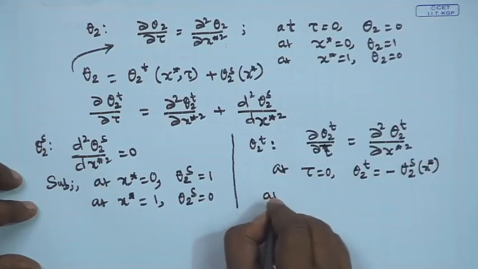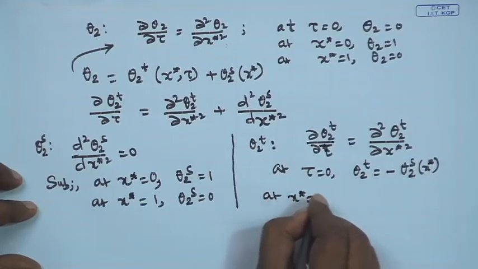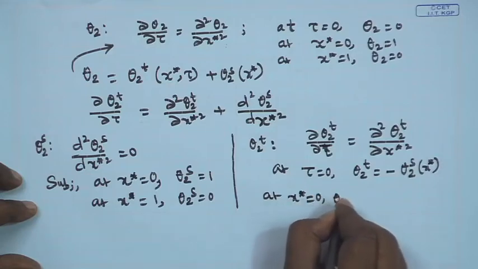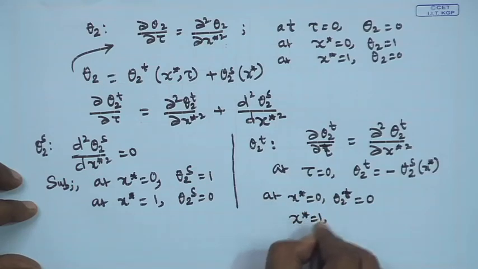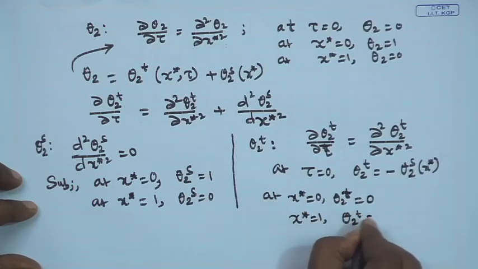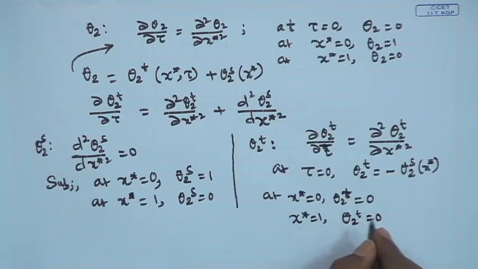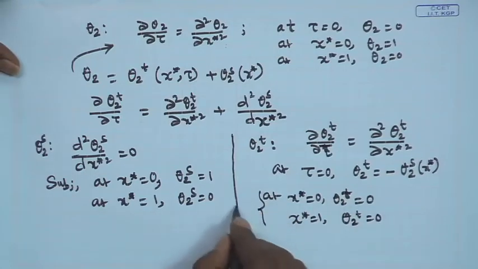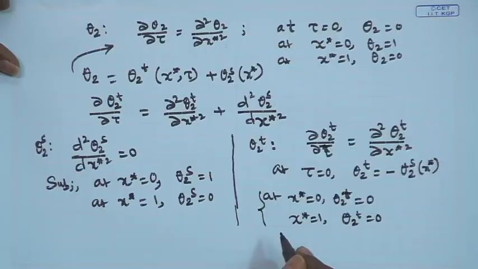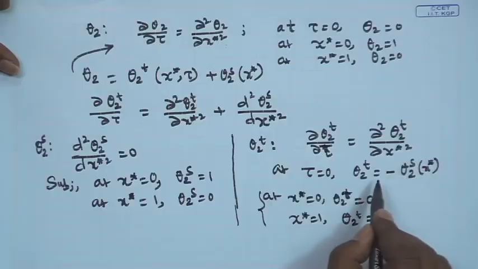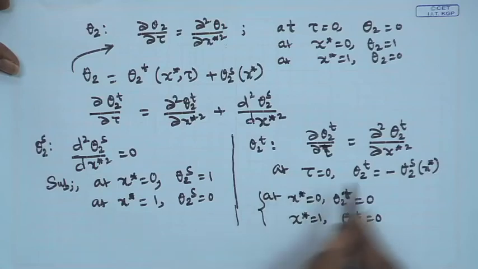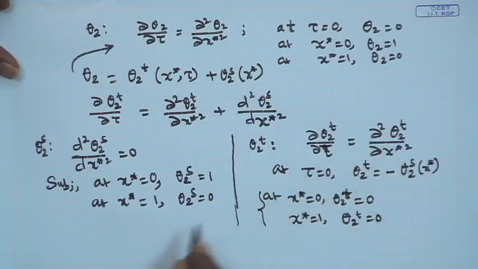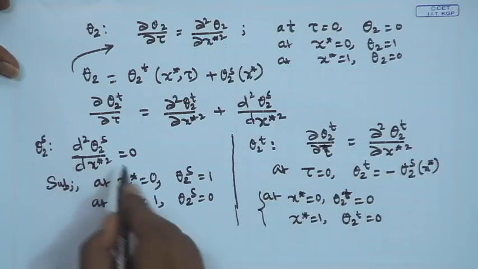At x star equal to 0, my theta 2 t is equal to 0, because I have selected that, and at x star is equal to 1, theta 2 t is equal to 0. So, I made the boundary conditions of the transient part homogeneous and the initial condition non-homogeneous. Now, this problem is a well posed problem, but before that I have to solve this equation.